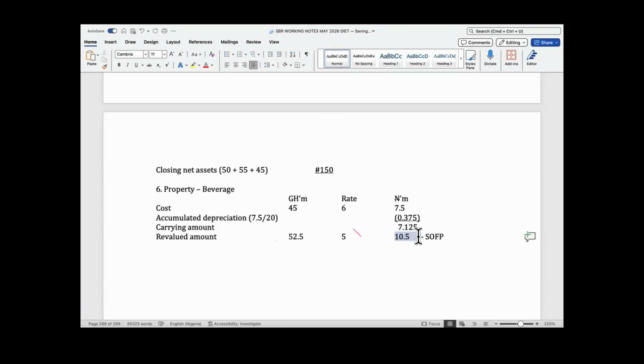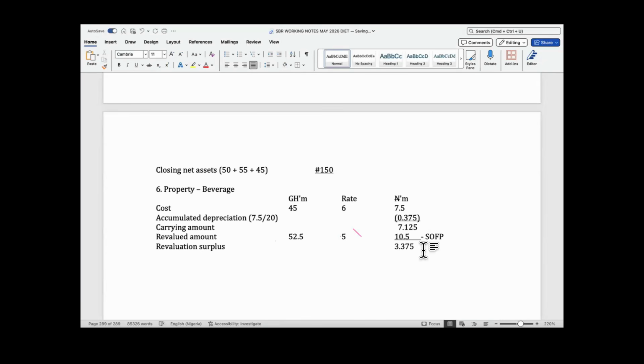And the difference between this is my revaluation surplus. That goes to OCI. Revaluation surplus. So what's the difference? 10.5 minus 7.125 is 3.375. It's positive, the revalued amount is higher.